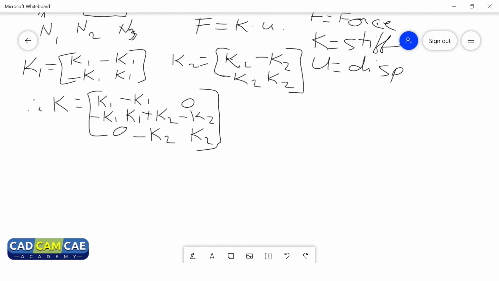What will be the other part of global stiffness matrix? After that, we will put the global stiffness matrix in this.